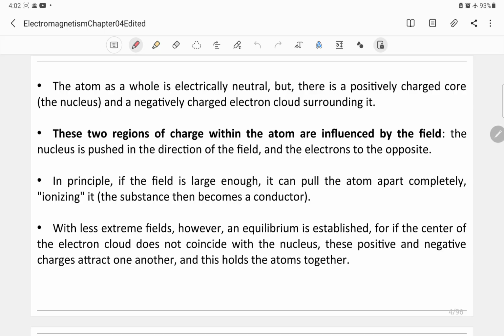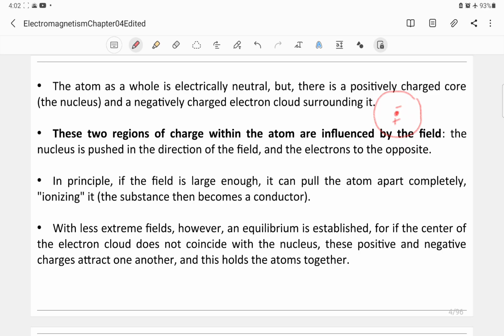Without an electric field, the center of the atom, where the positive nucleus is located, is also where the negative charges are concentrated. They are in the same place, the center of the atom.